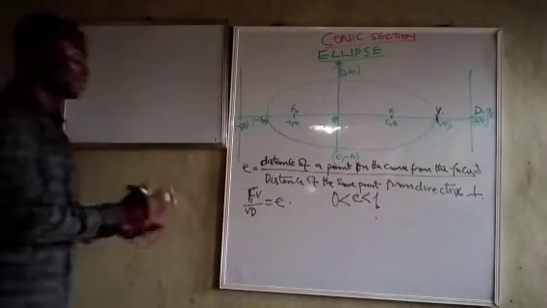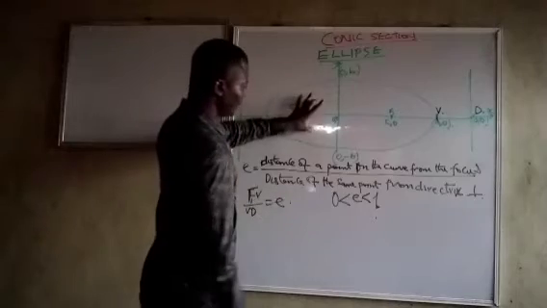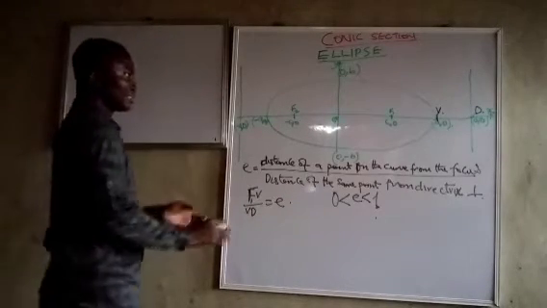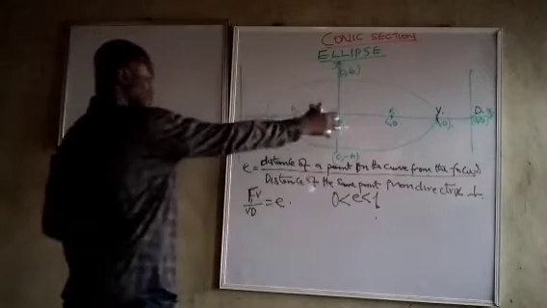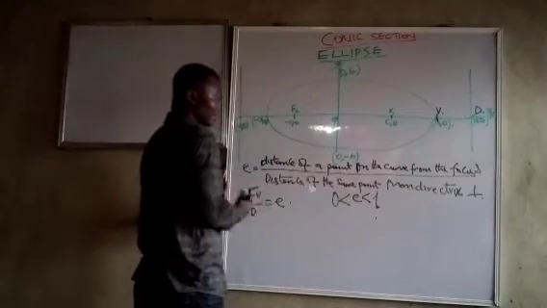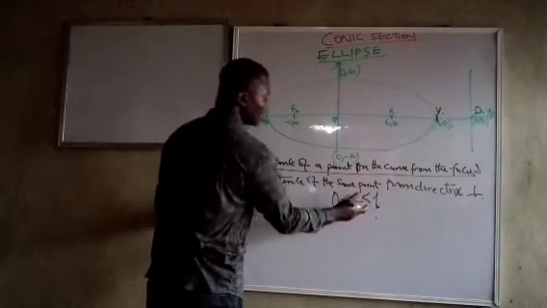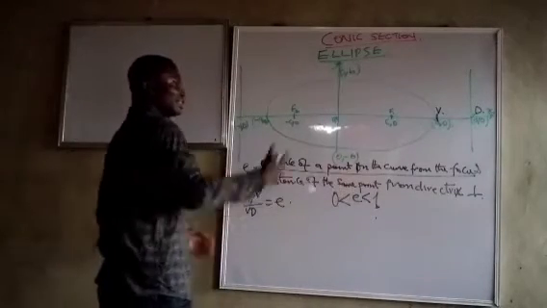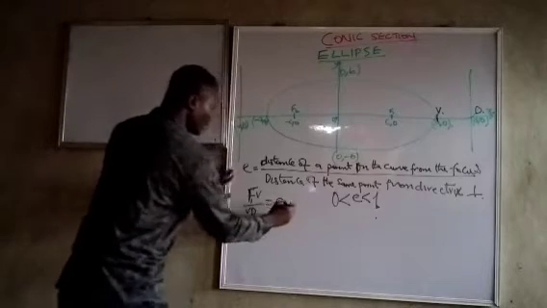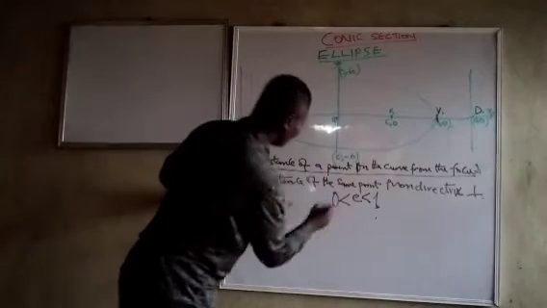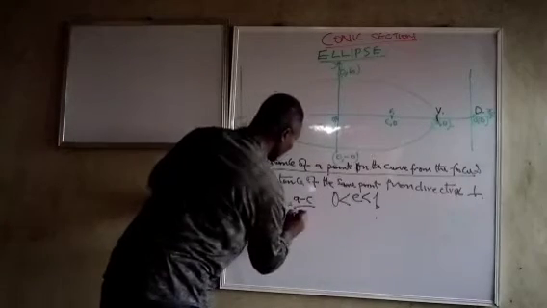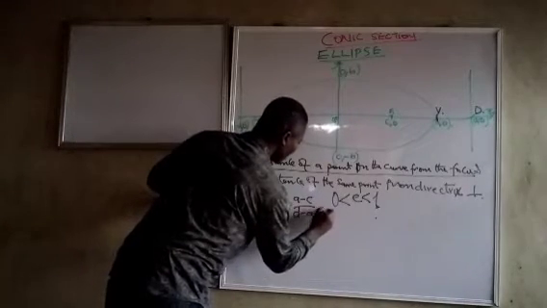It's very, very important. This determines the shape. If E is greater than 1, it is something else. It is giving us a different shape. And you know from the last one we talked about, if E is equal to 1, it's giving us a parabola. If E is greater than 1, it is giving us a hyperbola. Please. Now, this is A minus C over D minus A.